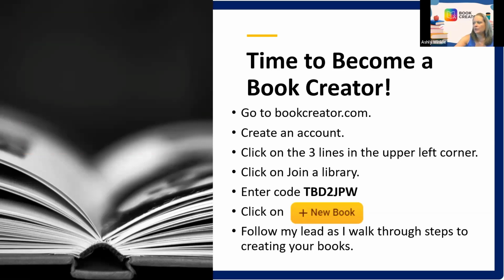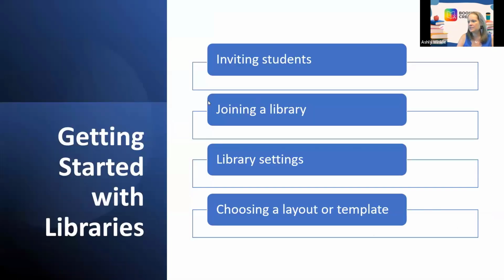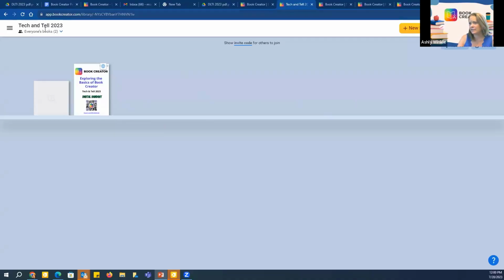All right, we're going to go ahead and move forward. First thing we are going to be looking at is getting started with libraries. So I have shown you a little bit of this already. The first thing is, we are in our TechIntel 2023. I'm in my library.